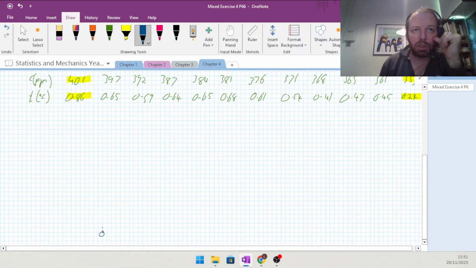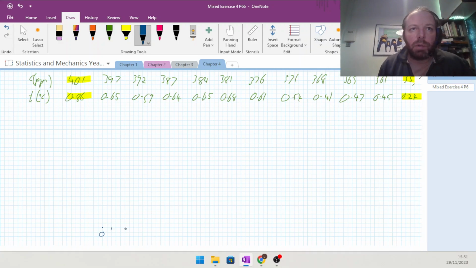Let's go for 0 here, and as we come across here, I'm going to have 0.1, 0.2 every 2 squares, 0.3, 0.4, 0.5, 0.6, 0.7, 0.8, 0.9, and 1.0.